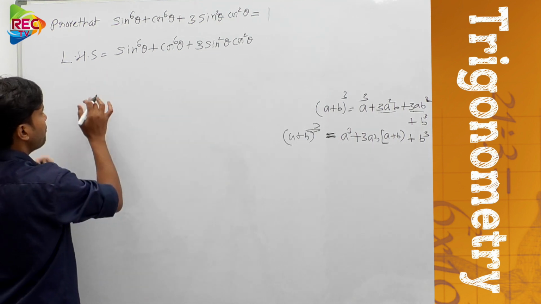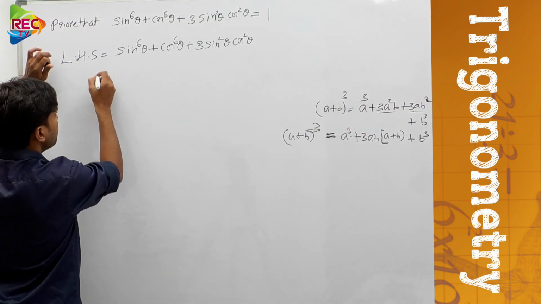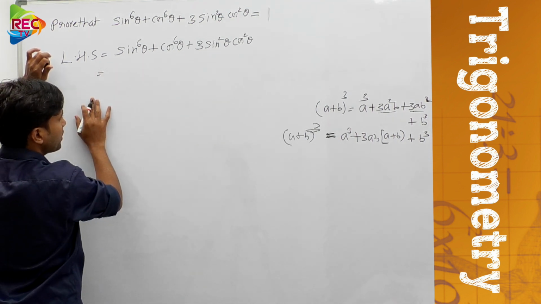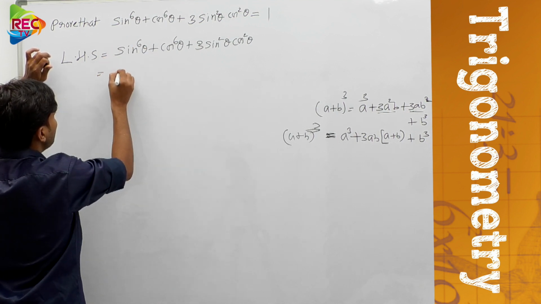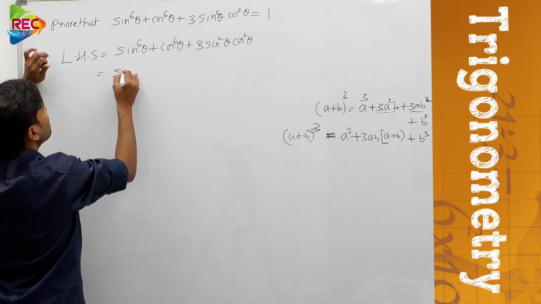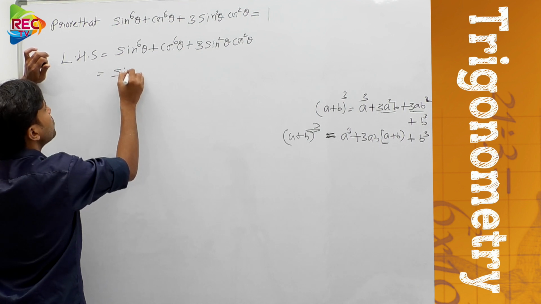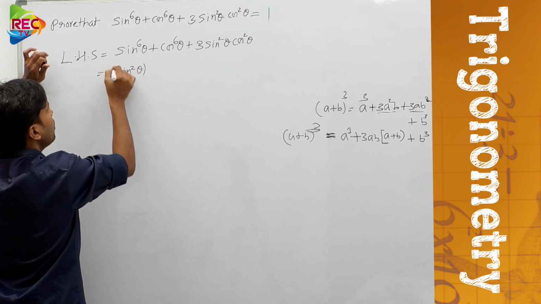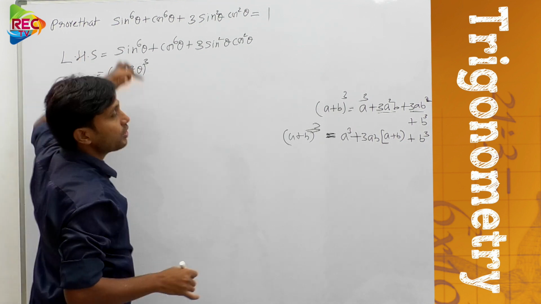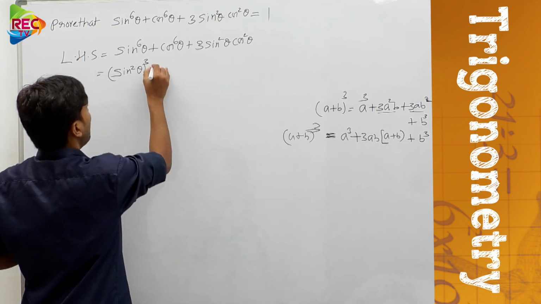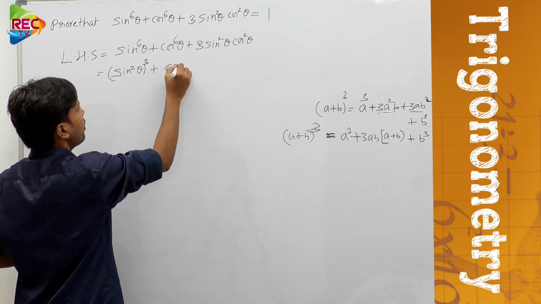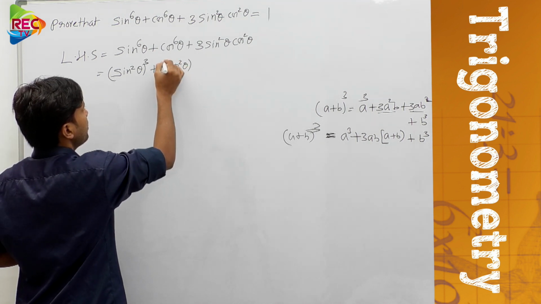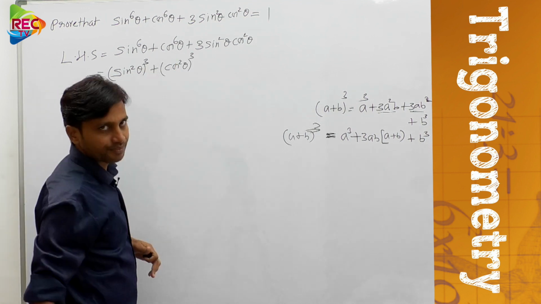So in that way, if you want to adjust this problem, I want to rewrite these terms. I want to write this sin^6 theta as (sin square theta) whole cube, and this cos^6 theta can be written as (cos square theta) whole cube.